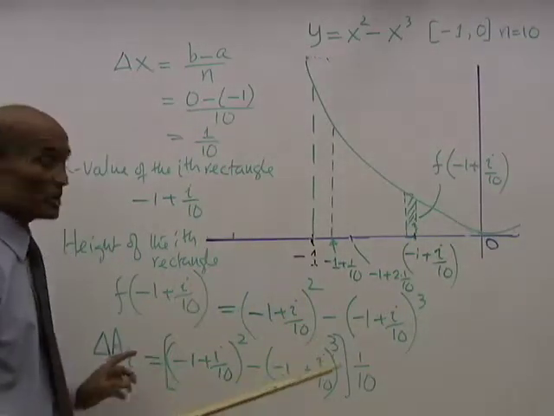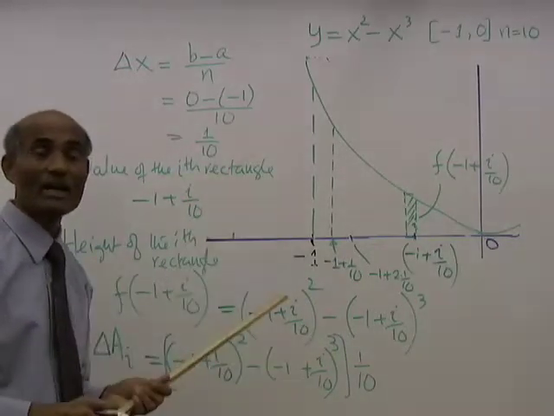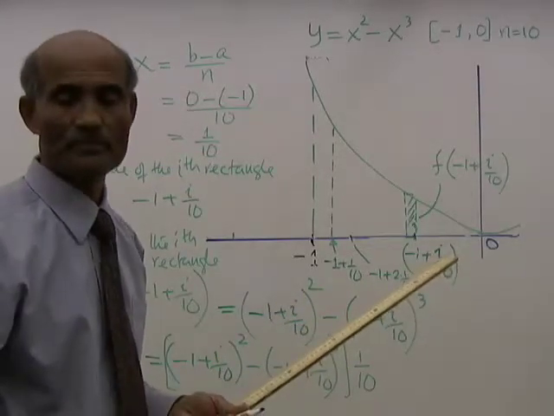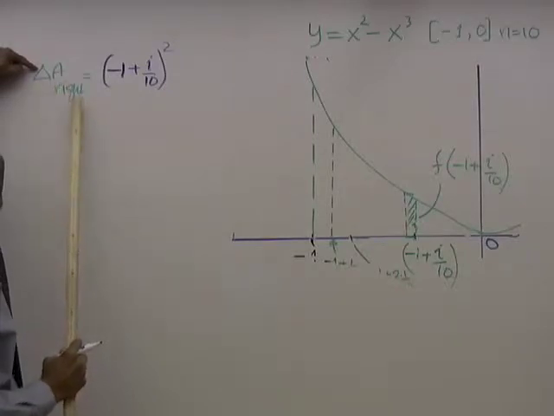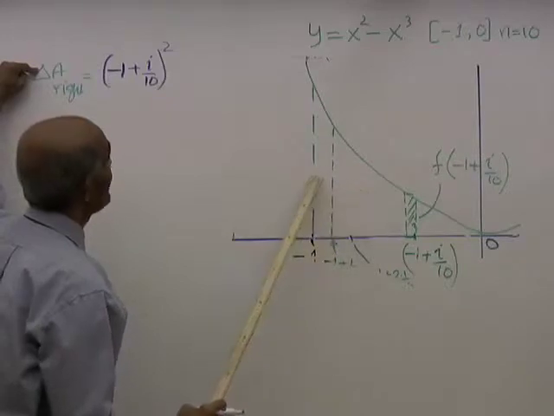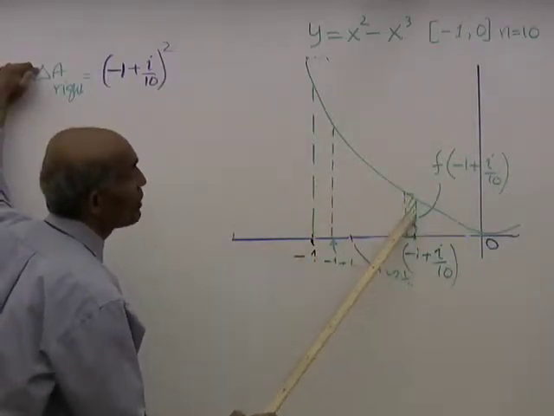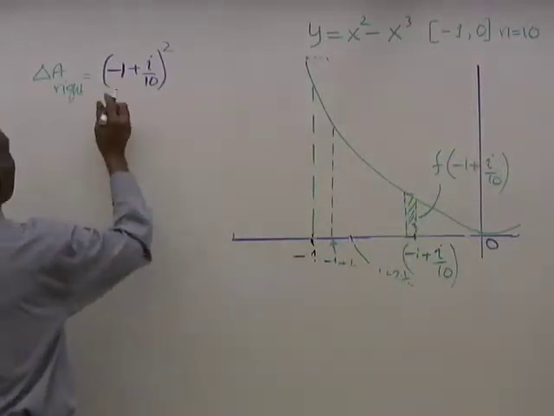So what I'm going to do is take off all this and write this expression there, and make sure that you understand all these processes. All right, come with me one more time. I'm writing delta A, which means the area of the ith rectangle using the right side of the rectangle.